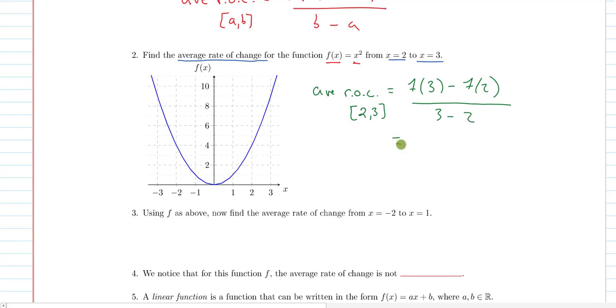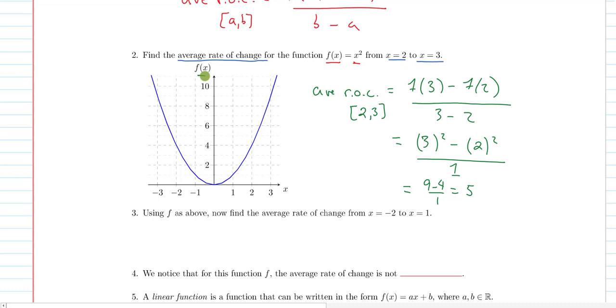So if I go through to compute f of 3 would be 3 squared, and we're going to subtract from that f of 2, which would be 2 squared, all divided by this 1 in the denominator here. And if we finish this out, we would have 9 minus 4 over 1, which comes out to be 5. Okay, so great. The average rate of change between x equals 2 and x equals 3 for this function f of x that we're given right here comes out to be 5.